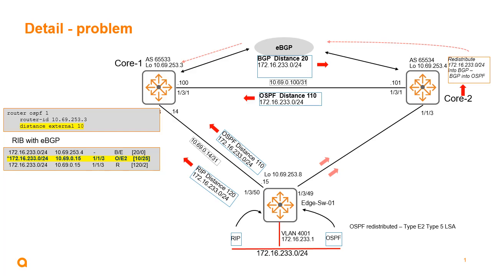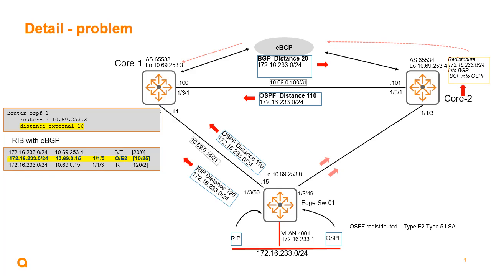We've changed the admin distance to 10 for external type routes, which means that route 172.16.233.0 is now the preferred route in the RIB on core 1, which means it would be the preferred route placed into the routing table.